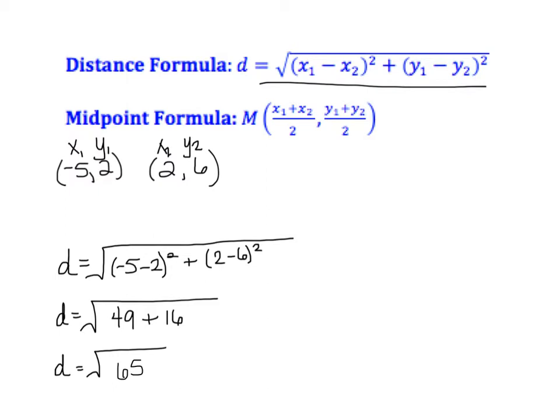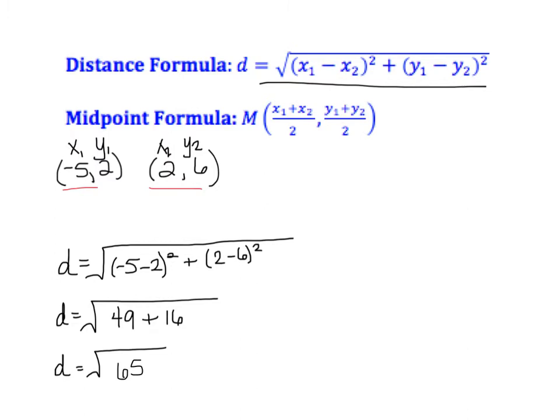The next thing that we look at is the midpoint. The midpoint is going to be the coordinates of the point that is exactly in between your 2 points given. And really all this formula means is that you're taking the average or the mean of the 2 x values, and then you're going to take the average of the 2 y values.